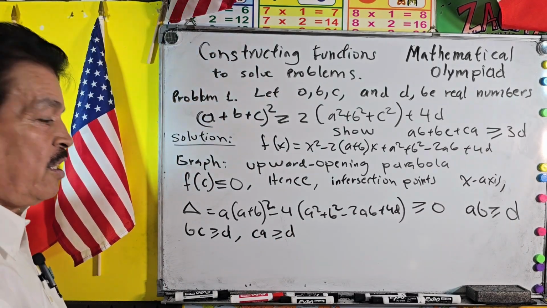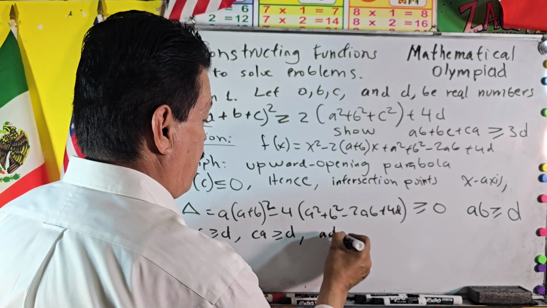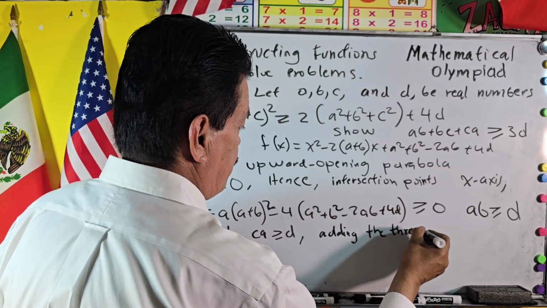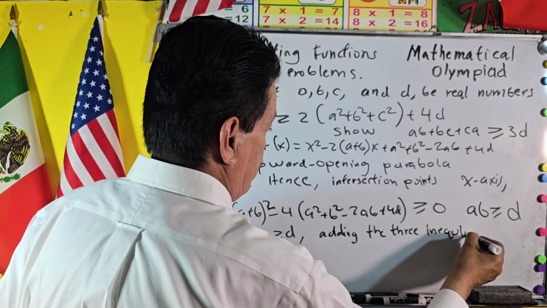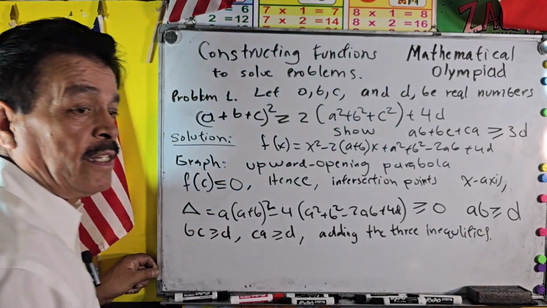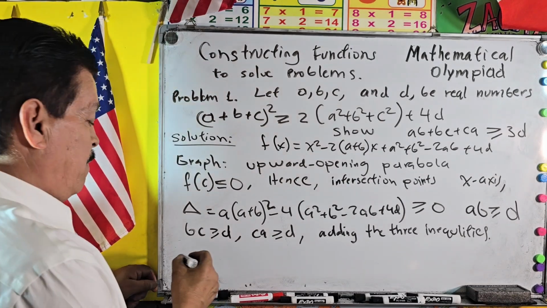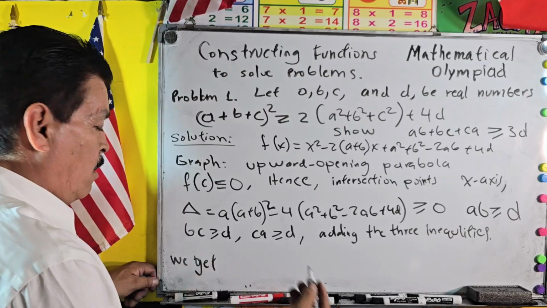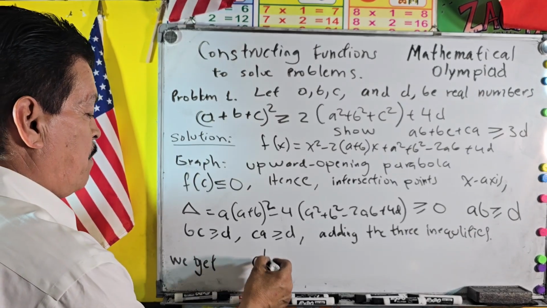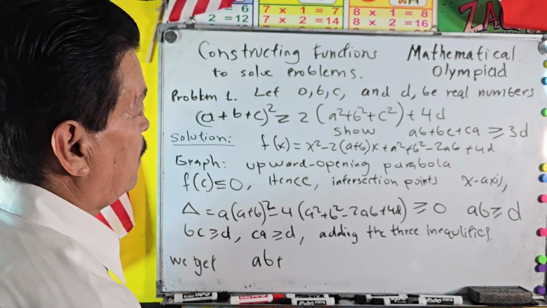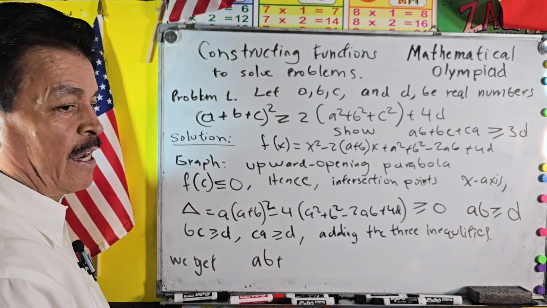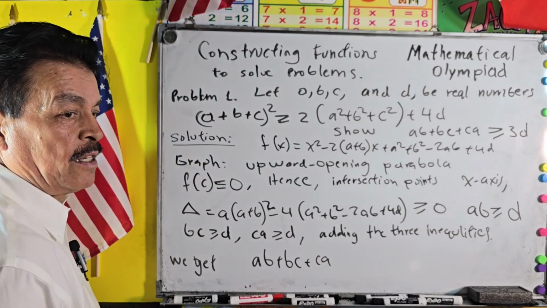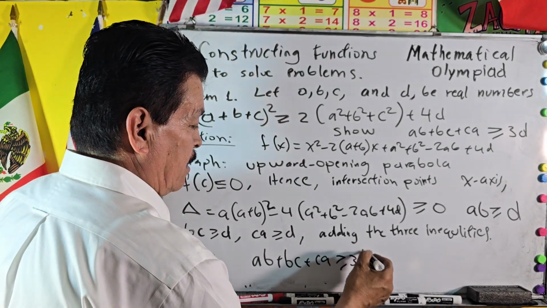Adding the three inequalities, we get ab plus bc plus ca greater than or equal to 3d.